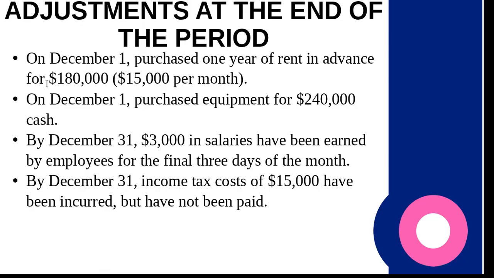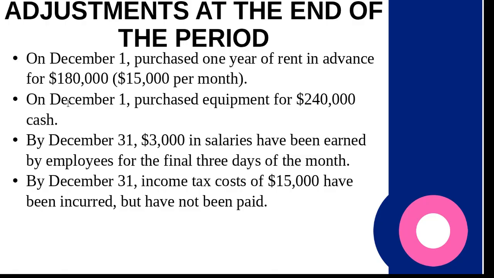Your cash has already been reduced by $180,000 because you've paid, but the rent expense is $15,000 for that accounting period. $180,000 minus $15,000 gives us $165,000. So that $165,000 represents your prepayment for the year, which will be in your current assets.